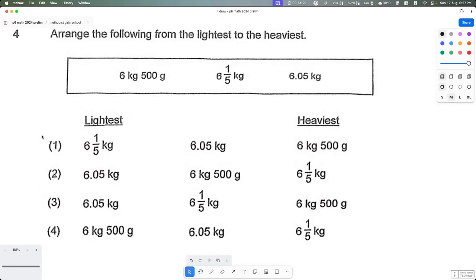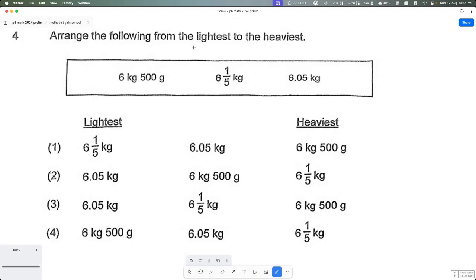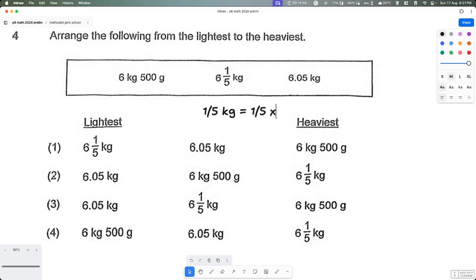Question number 4 says arrange the following from the lightest to the heaviest. Usually it really depends, but the easiest is to convert to grams. Because we know that everything is 6 kg, what's the grams? 1/5 kg is equal to 1/5 times 1,000 grams, which means 1,000 divided by 5, 200 grams.